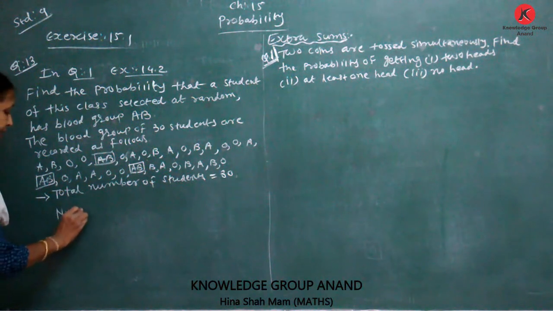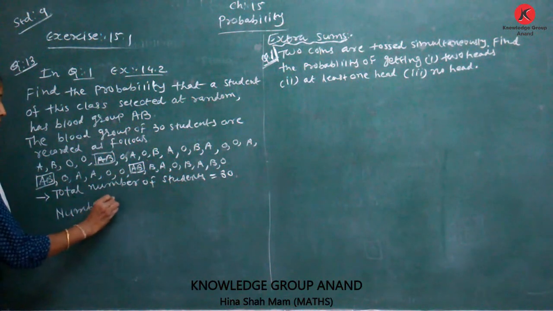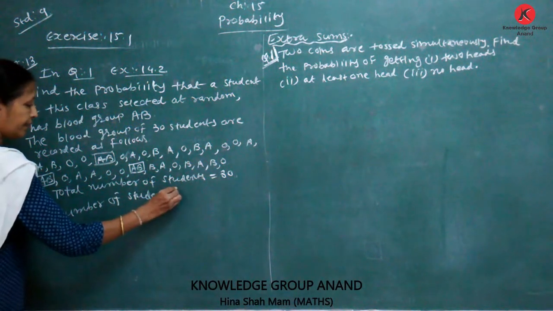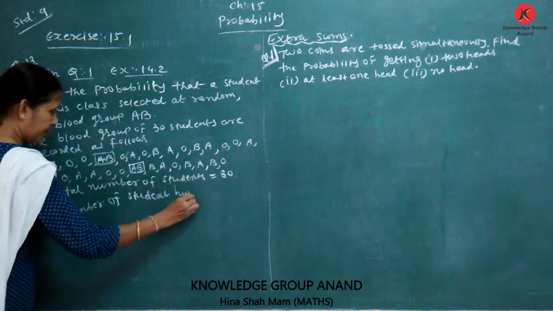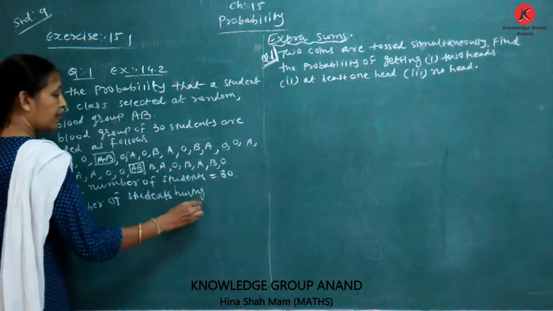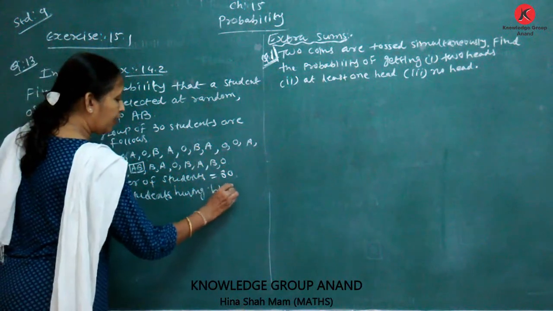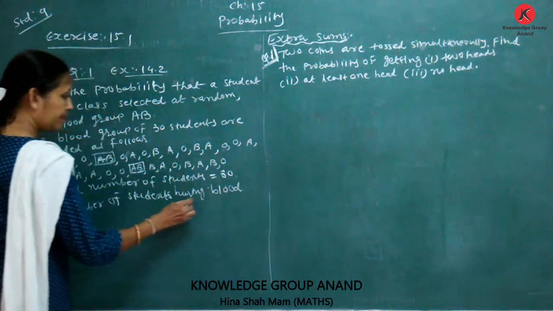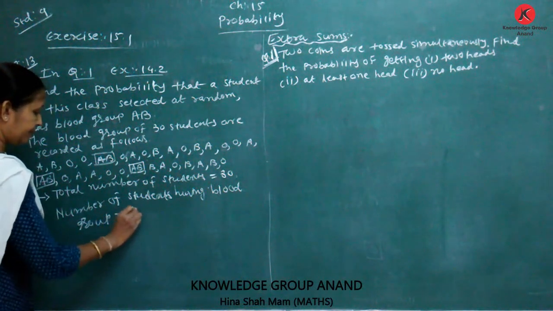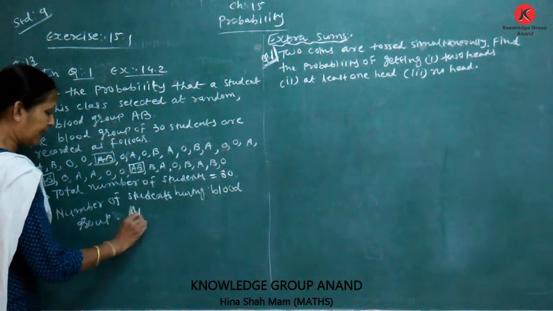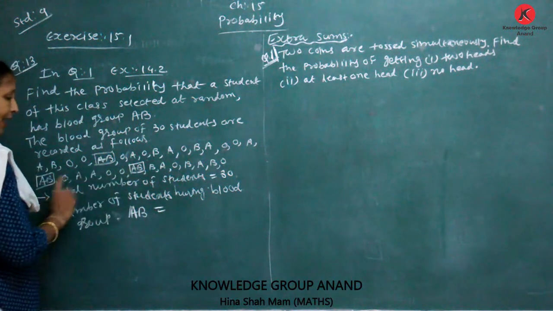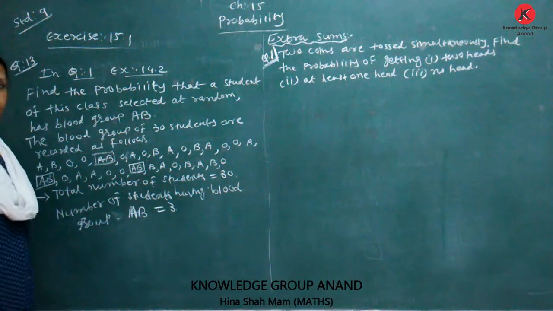Number of students having blood group AB: how many students? 1, 2 and 3.